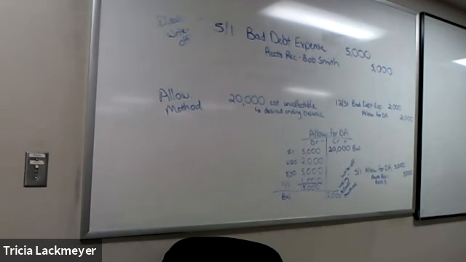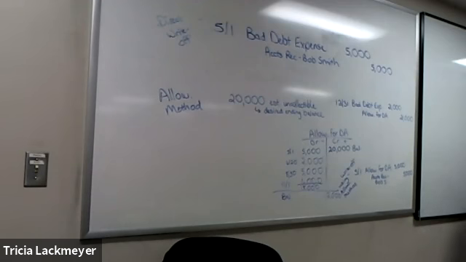So the whole point is we estimate how much is uncollectible, and then throughout the next year, we write off accounts out of that estimate. Their accounts receivable is getting credited each time, and allowance for doubtful accounts is going down. At the end of the year, we now have a balance of 2,000. We calculate our schedule, do our adjustment again, get a new balance, and we just keep going.